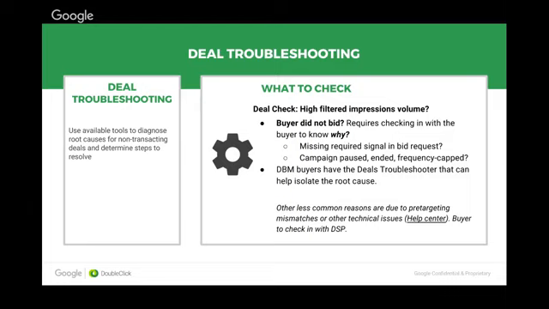Ask them what they are not liking in requests, what they are targeting that you are not sending, or ask them if they have budget on their campaign, because they might not be spending because they don't have any budget left. So talk to your buyer, ask them for screenshots of deal troubleshooter, ask them for screenshots of requests they see coming in DBM that aren't matching what they expect.